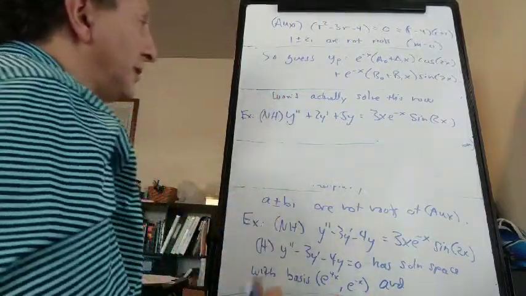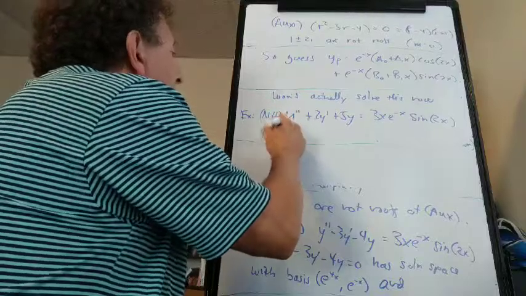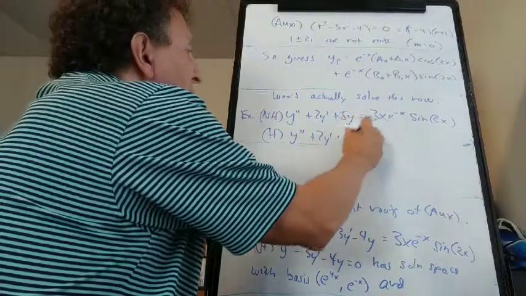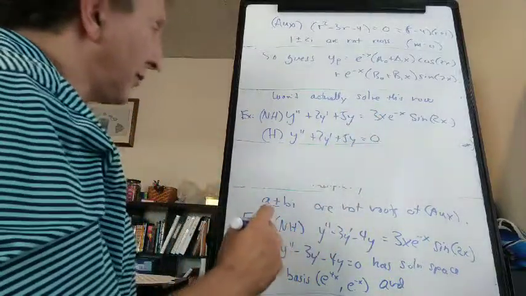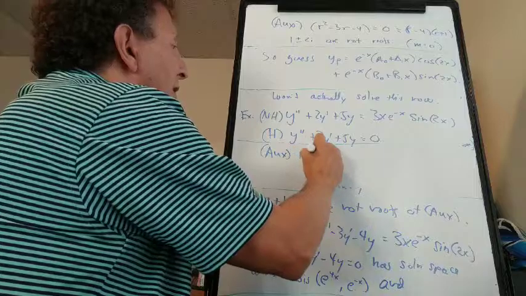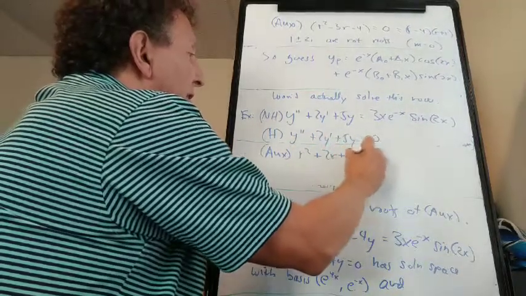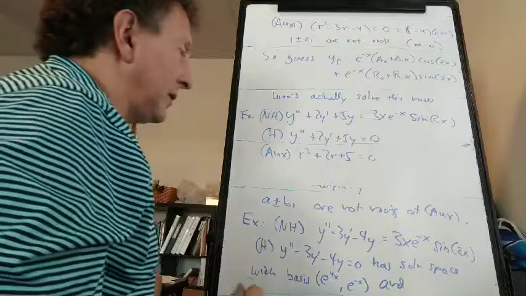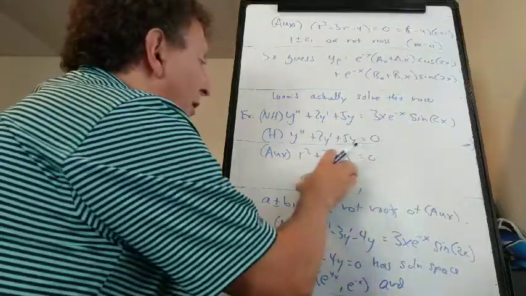We have this non-homogeneous differential equation, and y double prime plus 2y prime plus 5y equals 0 is the homogeneous differential equation. The auxiliary equation is r squared plus 2r plus 5 equals 0, which doesn't factor so easily, but we can use the quadratic formula.